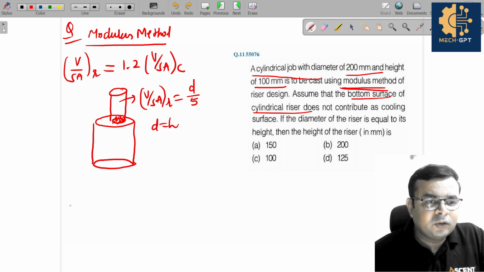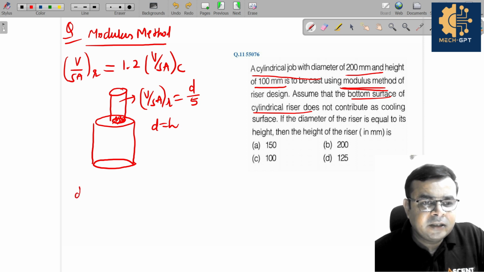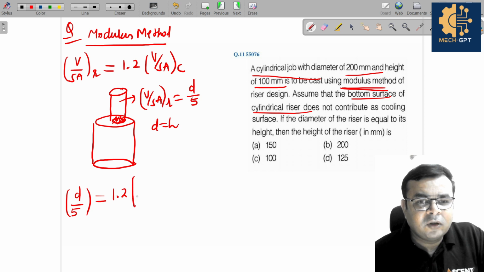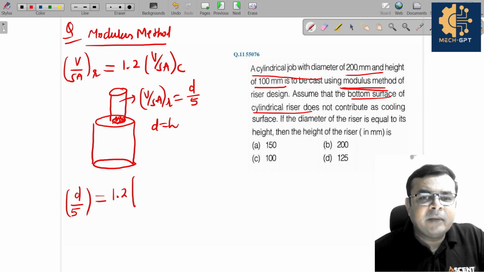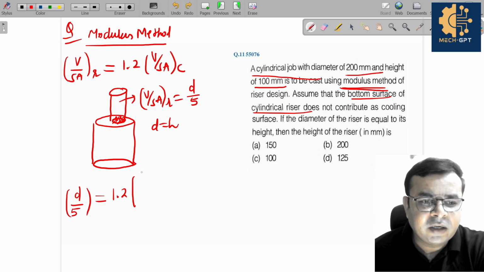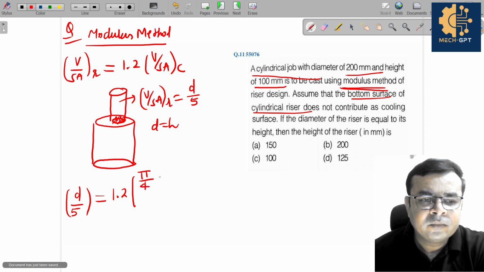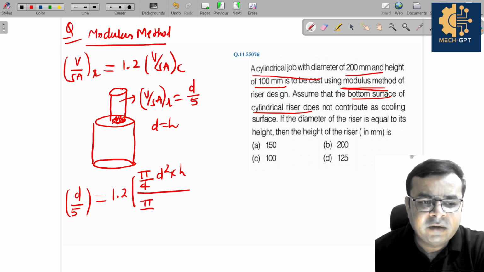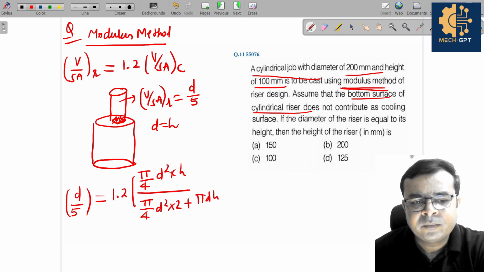Is it clear? So you can see here that d by 5 is equal to 1.2 times the SA/V of the casting. The casting is also cylindrical, but its diameter and height are not equal. So simply we can say this is pi by 4 d square into 2 plus pi d h, over pi by 4 d square into h. Correct?